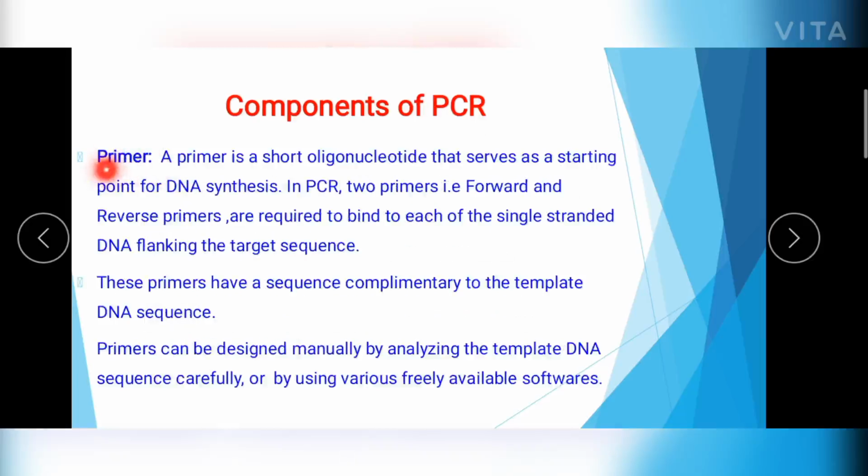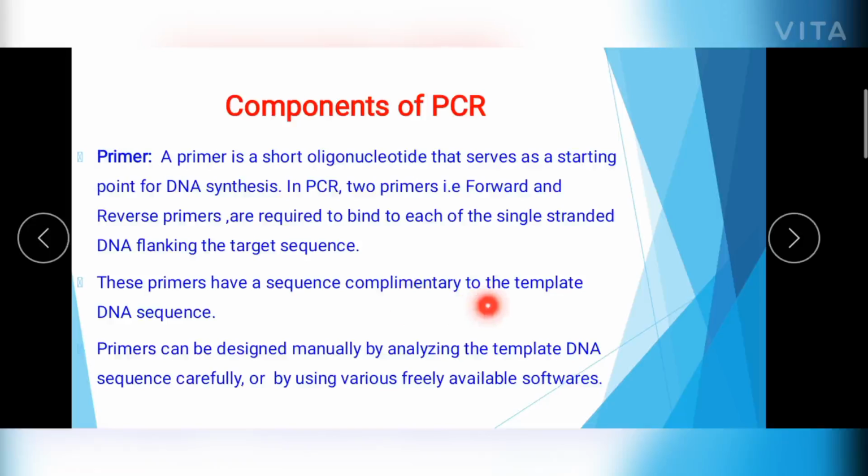The other component is primer. This primer is a short DNA fragment which initiates the DNA synthesis reaction. In PCR, two primers, that is forward and reverse primers, are used, and they bind to each of the single stranded DNA flanking the target DNA sequence.